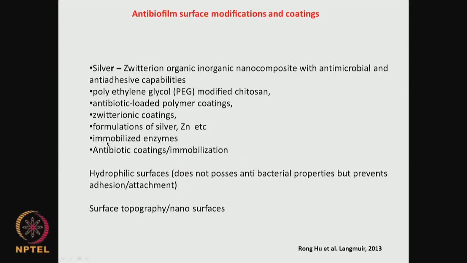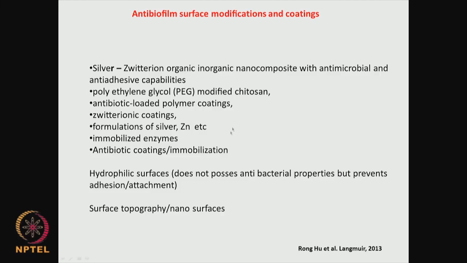Immobilizing enzymes, a lot of enzymes have been immobilized like papain, like protease, which has the antibacterial activity, because for example, if you take protease, it can cleave the amide bond, thereby it can kill bacteria. So, immobilizing enzymes on material surfaces, coating, antibiotic coating, immobilizing antibiotics on top of various surfaces.